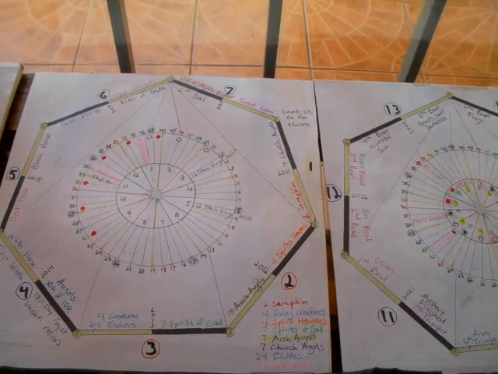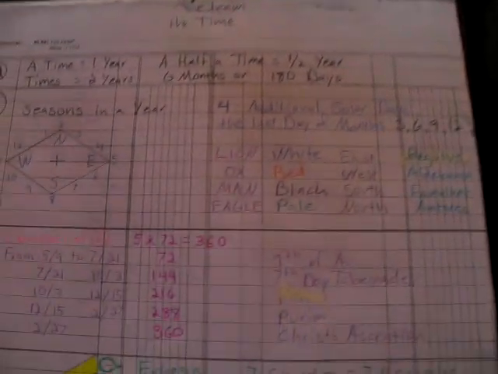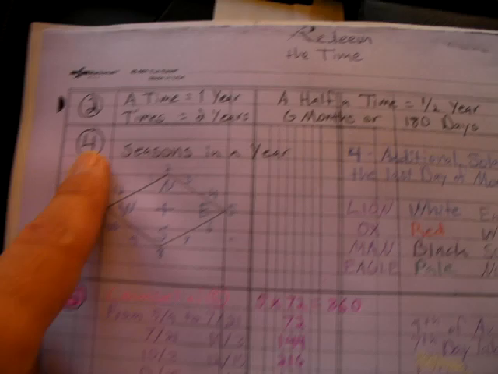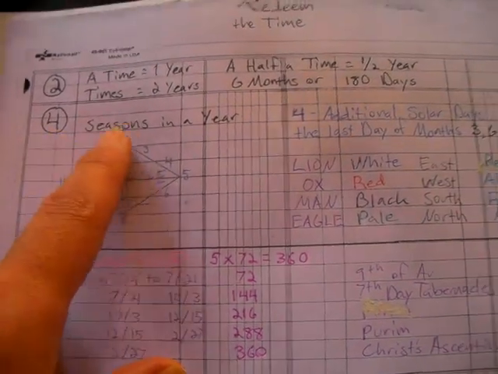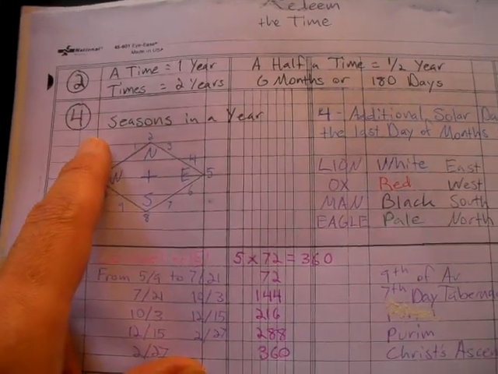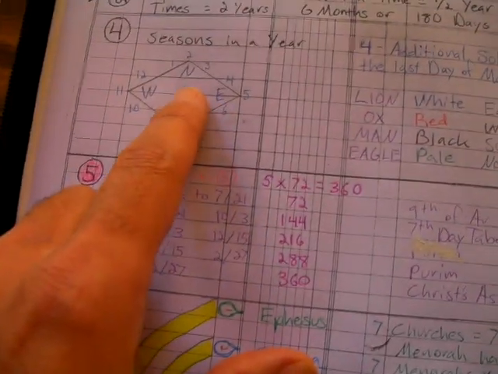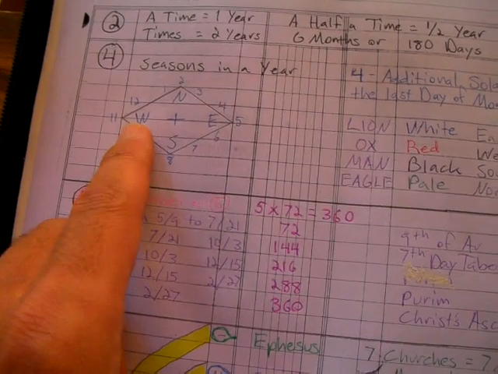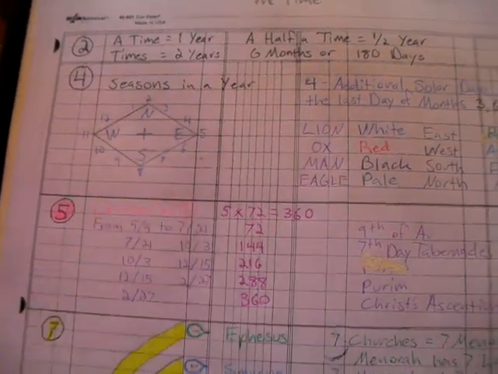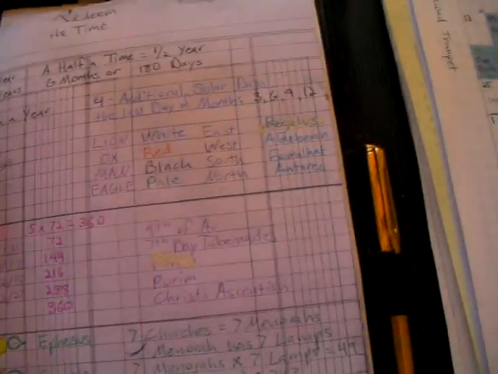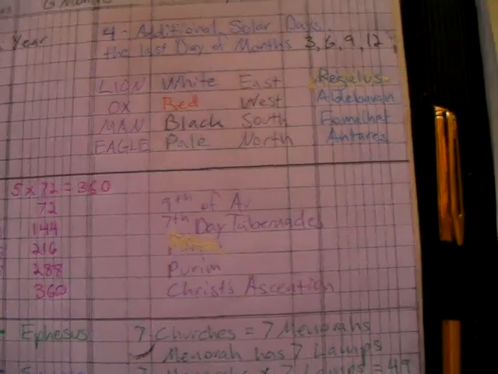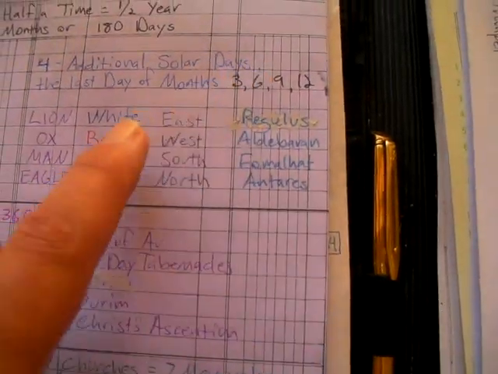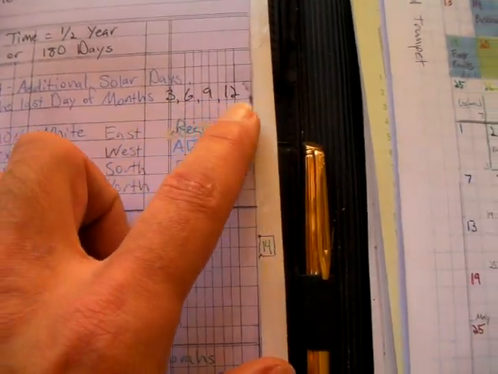Now, the other one is 4. If you divide by 4, these have to do with the 4 seasons of a year, 91 days, and also 4 as it relates to north, south, east, and west. This is the pattern again that we saw here, the pattern of 4. Then we have the solar days that are added to months 3, 6, 9, 12.